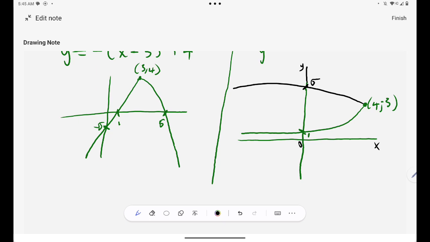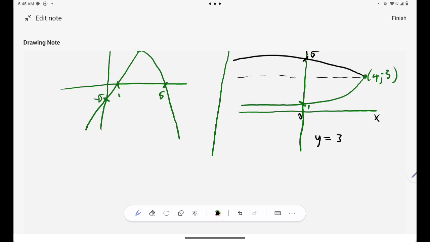Okay, I have deliberately drawn with 2 different colors. Why? Because I want to show that the inverse graph of a quadratic function must always be restricted. Are you together? You must be told, in this case, since our graph is symmetrical here, our inverse is symmetrical on the line y is equal to 3.